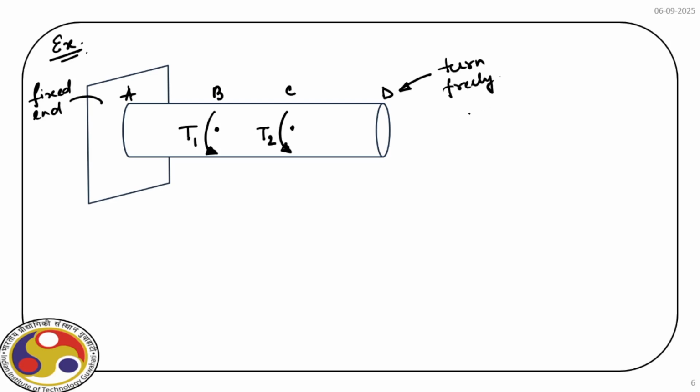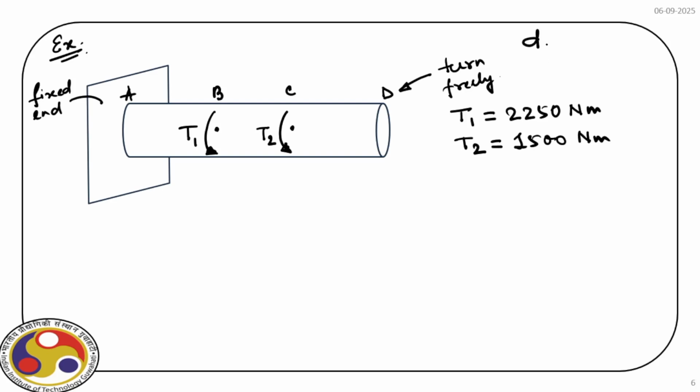Right. Now the value of T1 is 2250 Newton meter. T2 is equal to 1500 Newton meter.